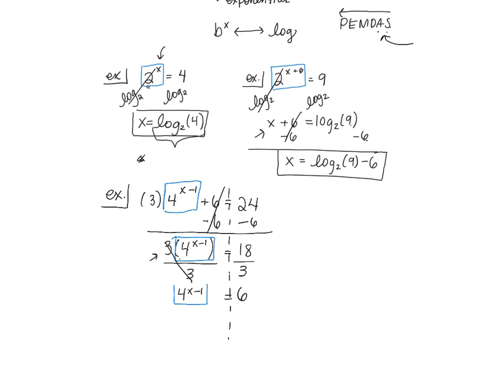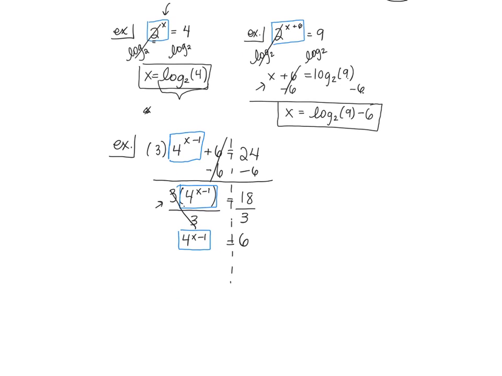I now have my exponential alone, and I know I undo exponential with logarithmic. So I'm going to log base 4 both sides. And on my left side, it's going to cancel out. I'm left with x minus 1 is equal to log base 4 of 6.